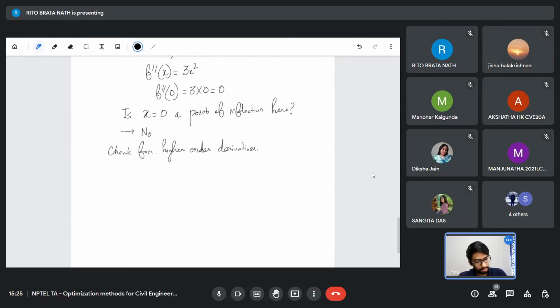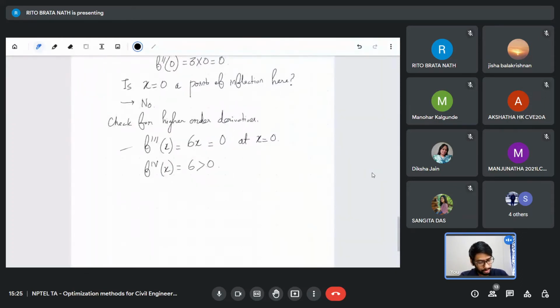So now, if you take the third derivative of this function, that gives you 24x and it is 0 at x equals 0. If you take the fourth derivative of the function, you get 24, which is greater than 0.